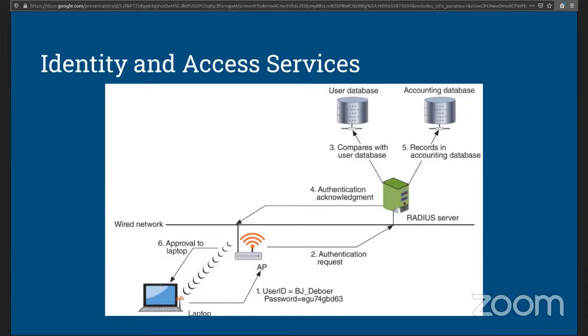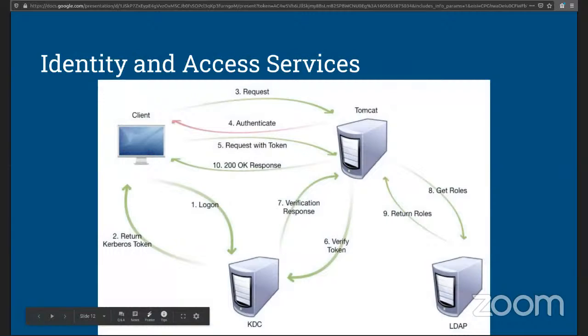Used by universities and government agencies, it's a ticket granting system for, oh, sorry, this is Kerberos. This is Kerberos, a ticket granting system. It is much crazier than RADIUS. These tickets contain linking information to a user and must be presented to a service which verifies it before access is granted.